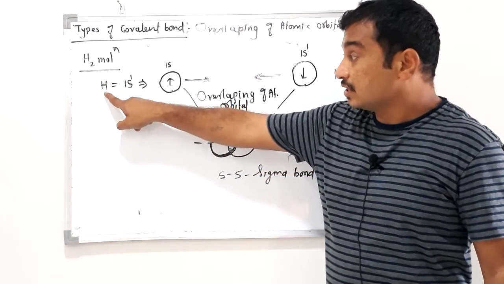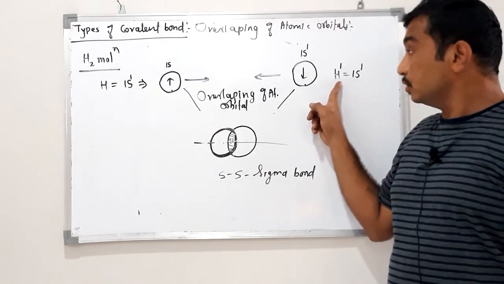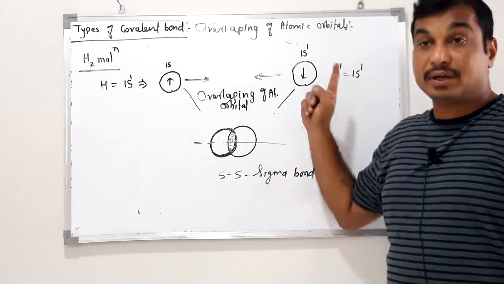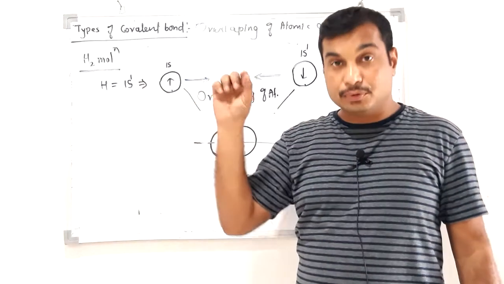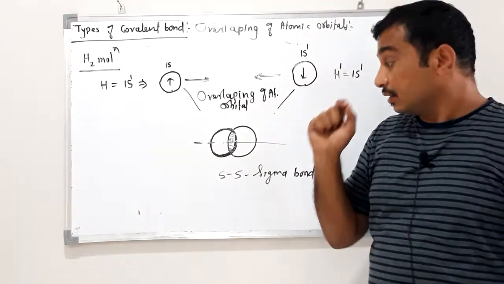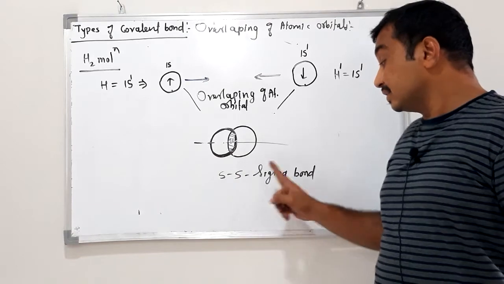The atomic orbital used by this hydrogen is 1s1, and the atomic orbital used by this hydrogen is also 1s1. So both overlapping atoms have used one s type atomic orbital. Therefore this resulting bond is called an SS sigma bond.